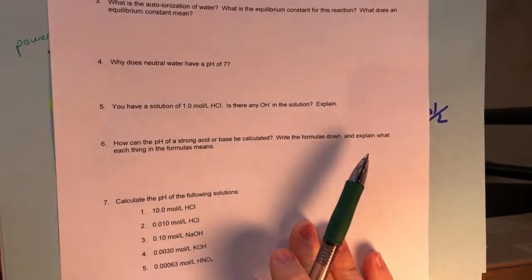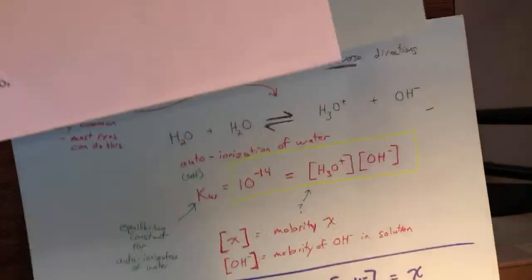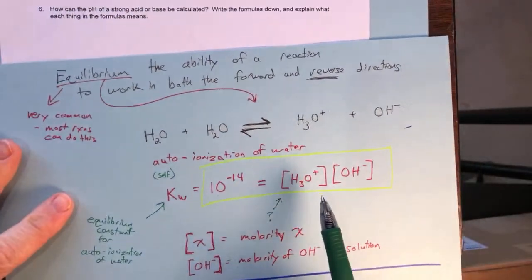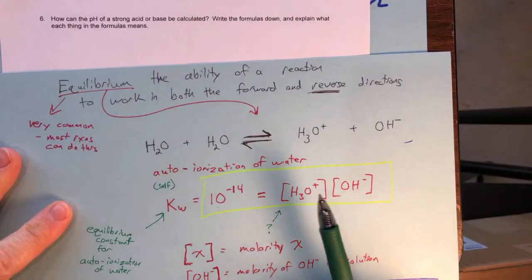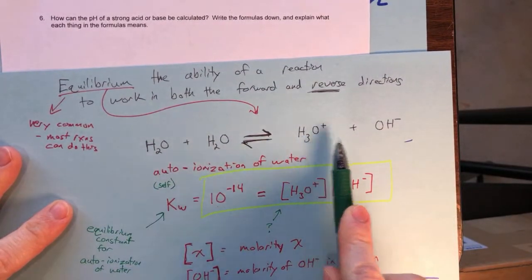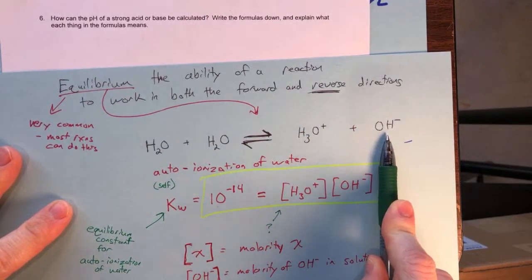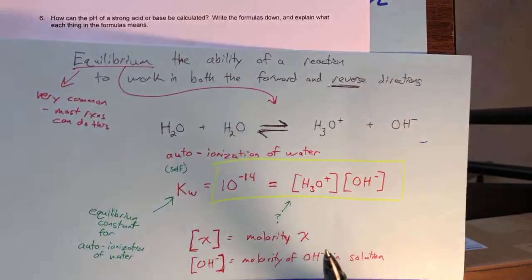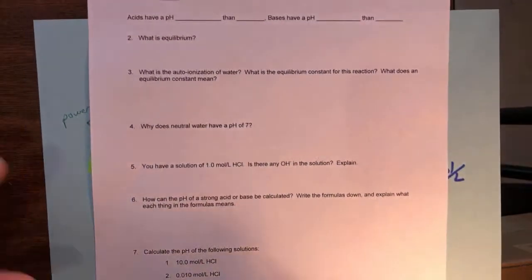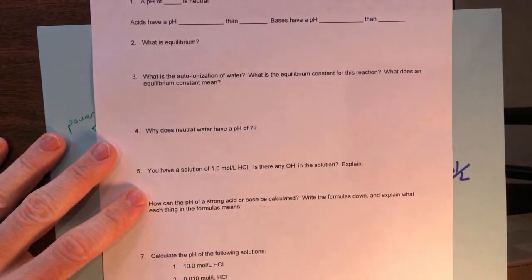So let's make some sense of this. We go back to this equation. This equilibrium tells us that you always have a certain amount of H3O plus and OH minus in any aqueous solution. So it's impossible to have 0 amount of OH minus, even when you have a strong acid solution. We can even calculate that, right?